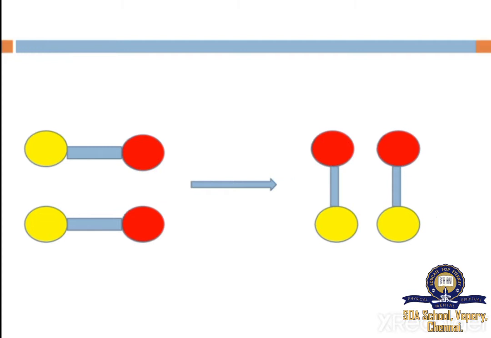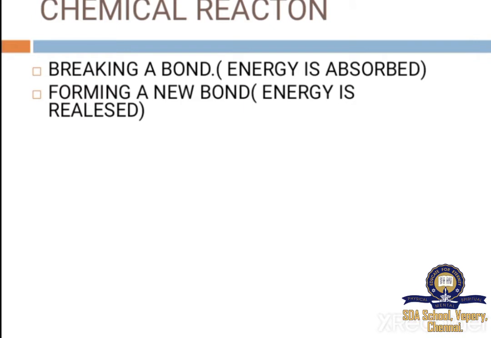So, how is a chemical reaction taking place? By breaking a bond, during which the energy is absorbed, and by forming a new bond, during which the energy is released. Okay?